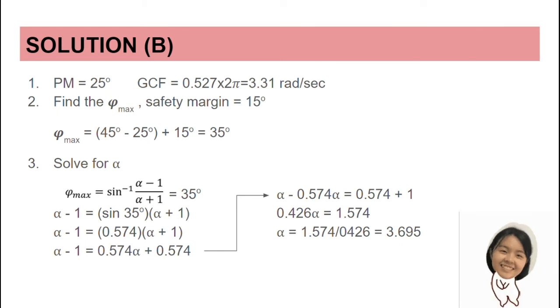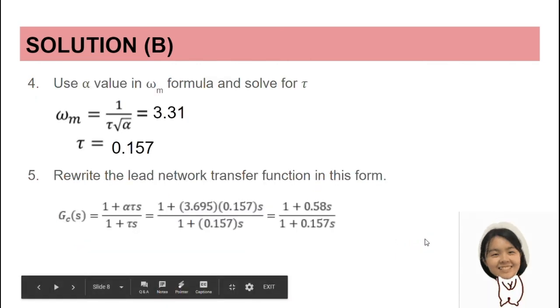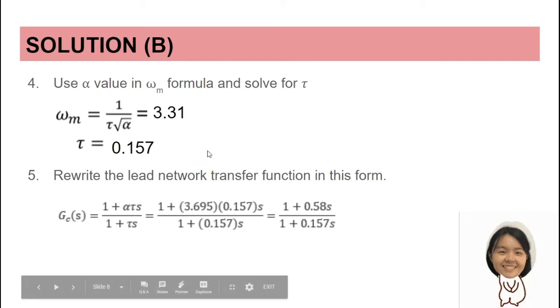The next step is to solve for alpha, with the equation like this, and phi max is 35. After we solve for alpha, our alpha is 3.695.